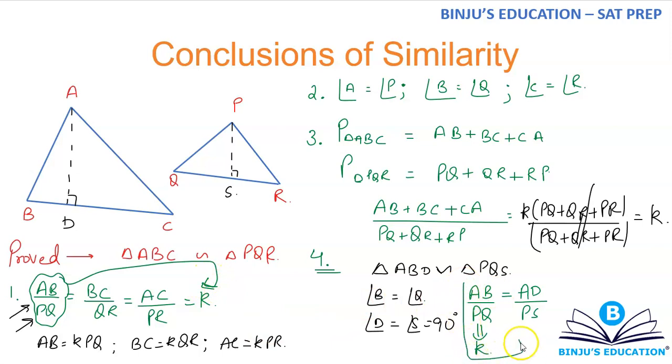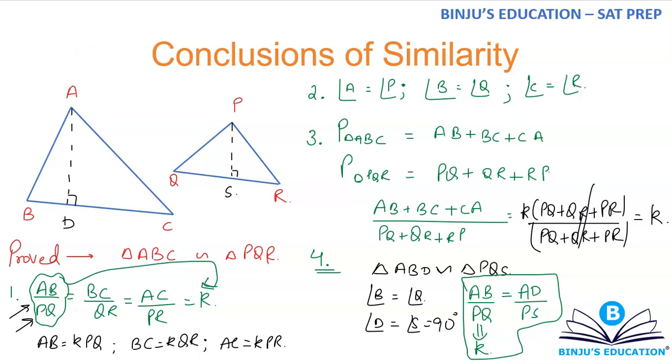In the same way you can prove it for angle bisectors and for medians. For medians, you will require SSS similarity. For angle bisectors, you will require SAS similarity. But the point is your ratio will come out to be K.